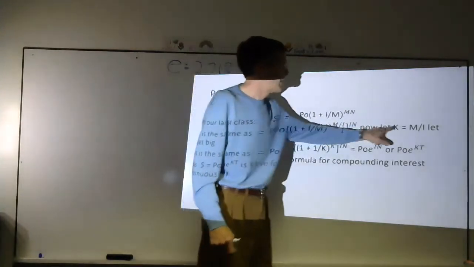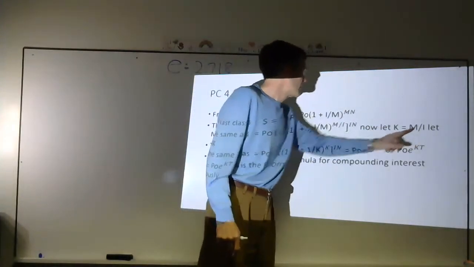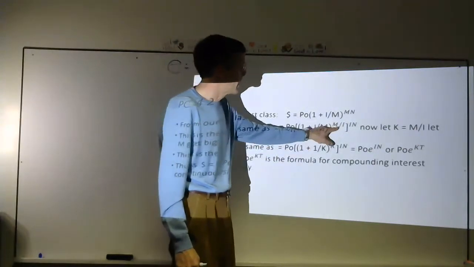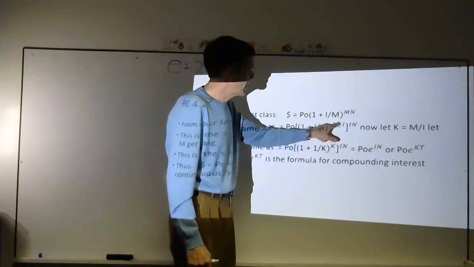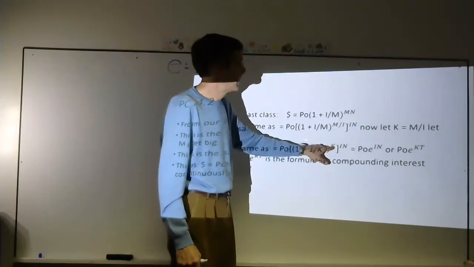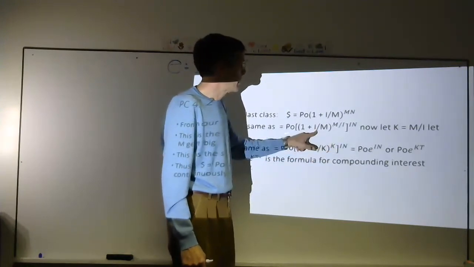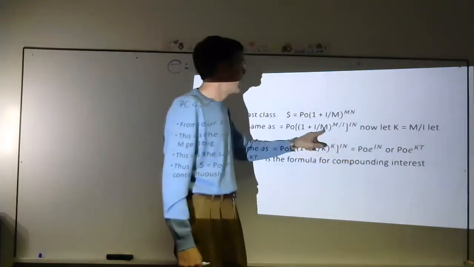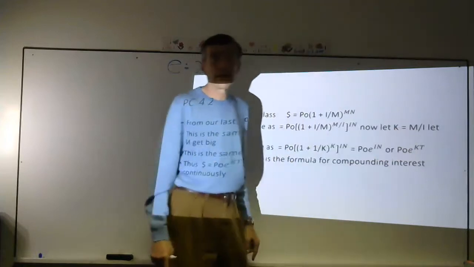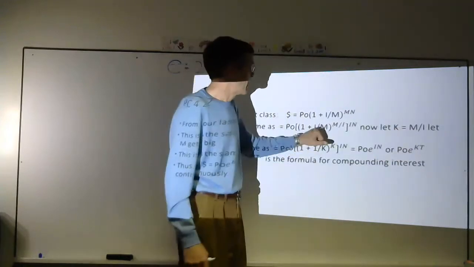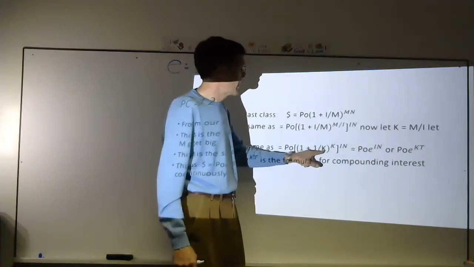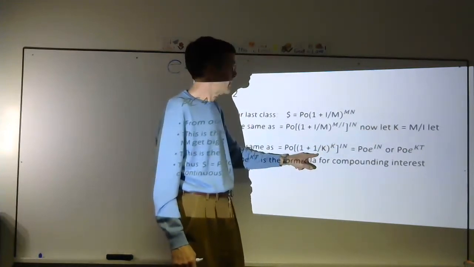Now, let's let the letter k equal m over i. If k is m over i, I can put a k for that m over i. See it? Okay? But what could I do here? I over m. If m over i is k, i over m is the reciprocal of that. Flip it. So I'd have to flip the k. It's 1 over k. All right?